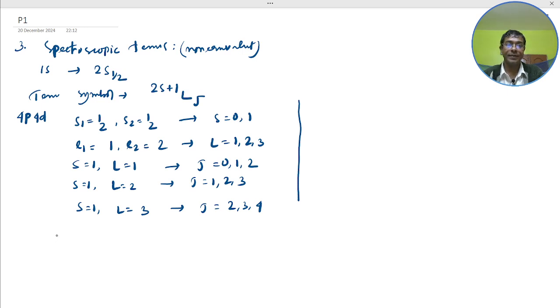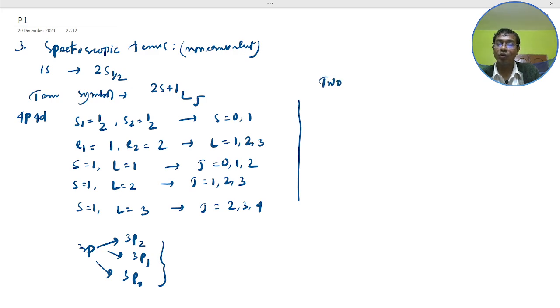So 3P has 3P2, 3P1, 3P0, these combinations.